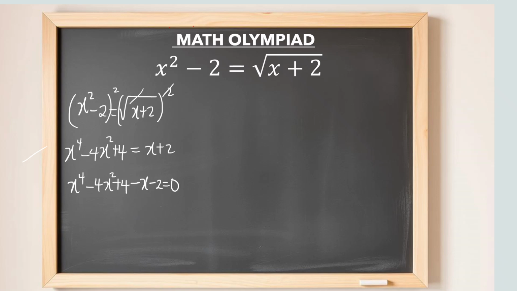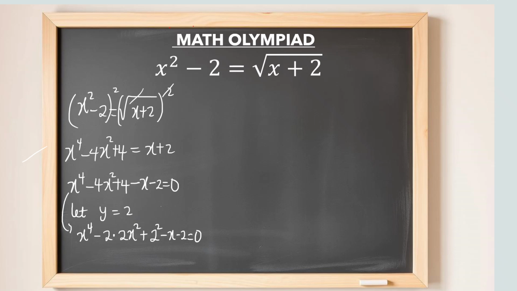Now I'm going to do something interesting here. Let y equal 2. So before solving further, let me write this equation at the top here. The equation can be written as x to the power of 4 minus 2 times 2 x squared plus 2 squared minus x minus 2 equals 0.